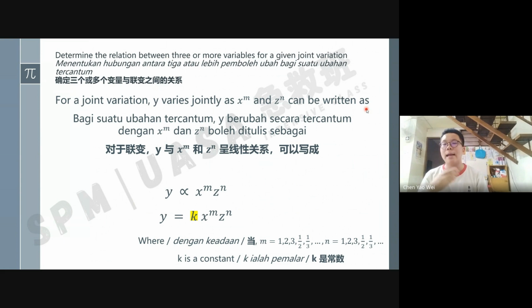You can use another alphabet besides x, y, z. But I advise you to use k, because in the exam they usually follow the answer in the textbook. They follow what the textbook suggests. They just copy and paste.